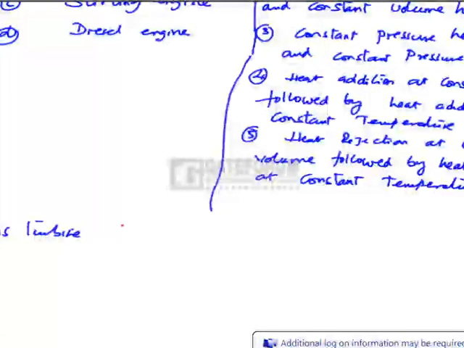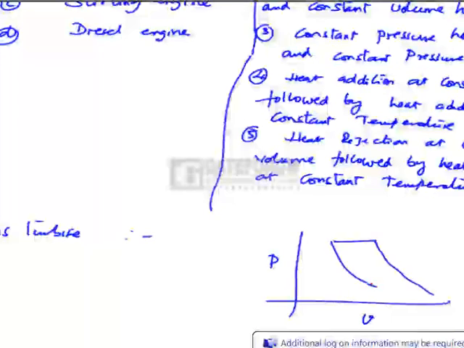For gas turbine, on the PV plane, two isentropics and two isobars. Heat addition at constant pressure and heat rejection at constant pressure. That is, the answer for A is 3.